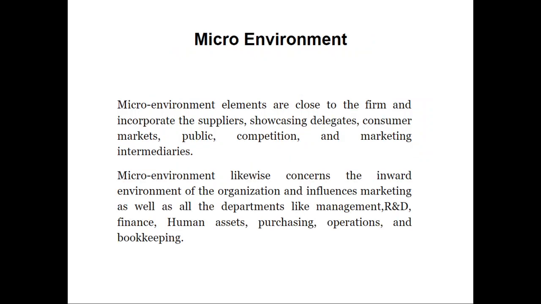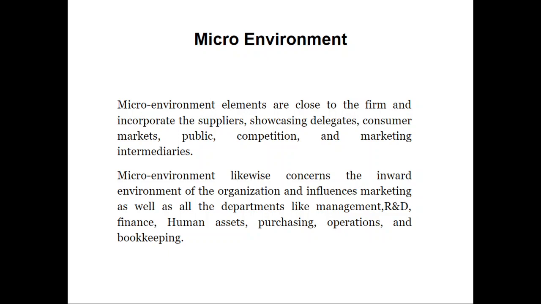Coming on to micro environment. What is this microenvironment? Microenvironment elements are close to the firm and incorporate the suppliers, marketing delegates, consumer markets, public, competition, and marketing intermediaries.